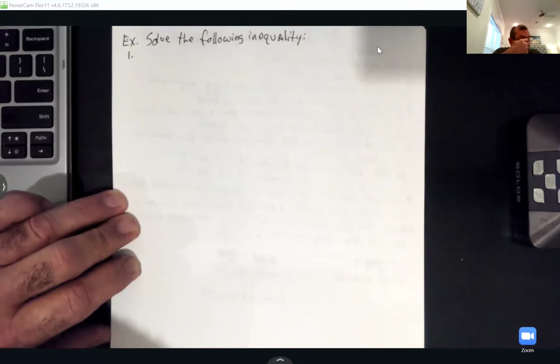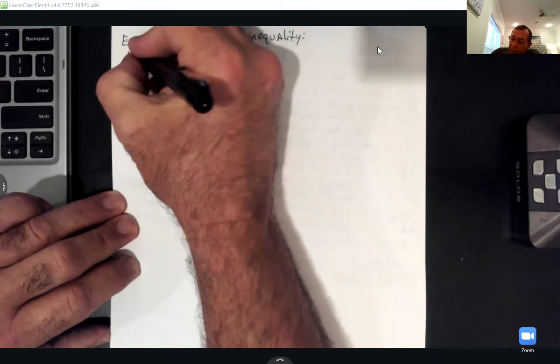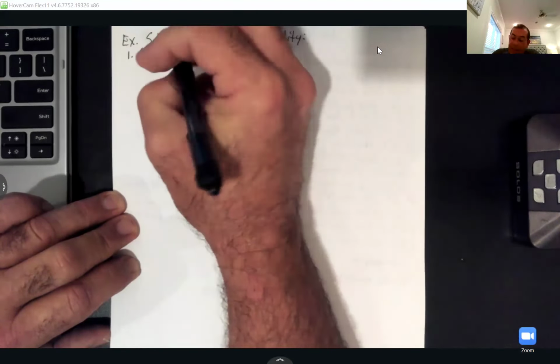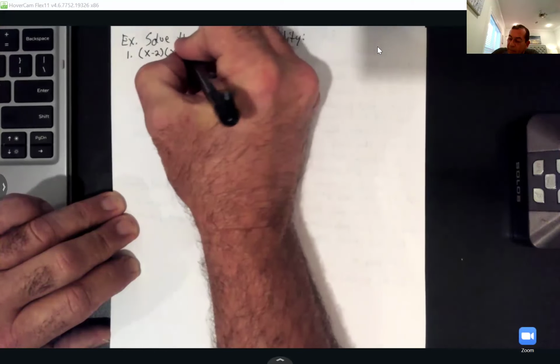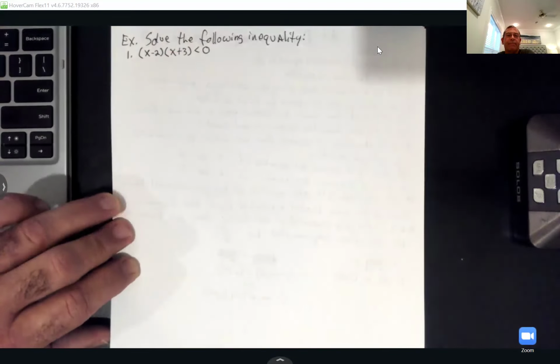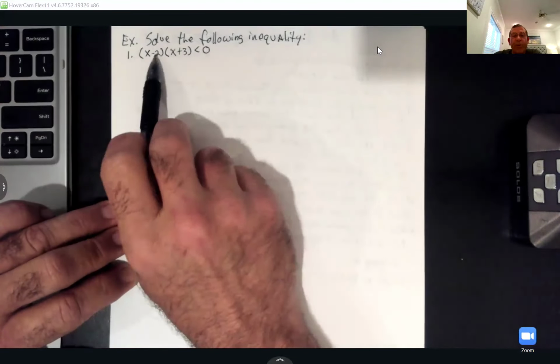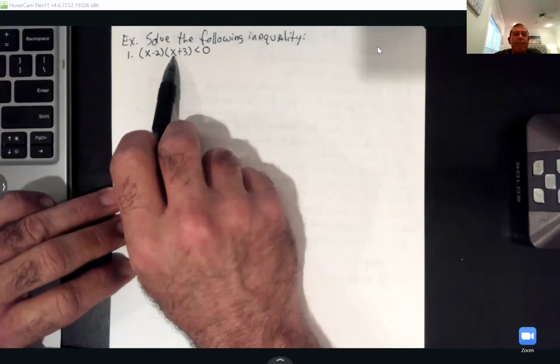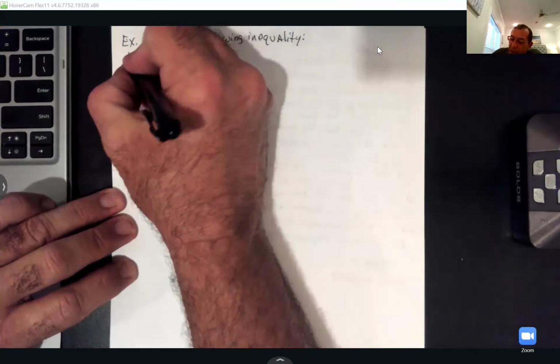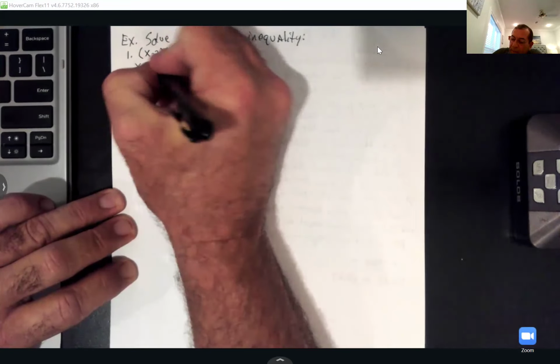So y'all watch this. For number 1, they're giving me x minus 2 times x plus 3 has to be less than 0. So this one's already factored. So what I do is I take both of my factors and set them equal to 0 to solve.